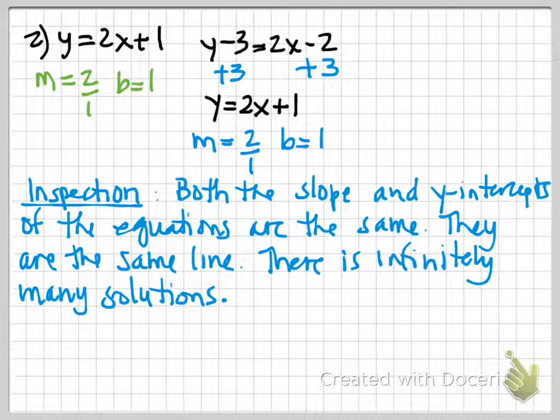Now, I'm going to show you one more thing that's going to show up on the homework tonight that doesn't look like perhaps what you're used to. Instead of them giving us an equation, they're going to give us ordered pairs. So now we're going to have to remember how to write an equation with 2 ordered pairs.